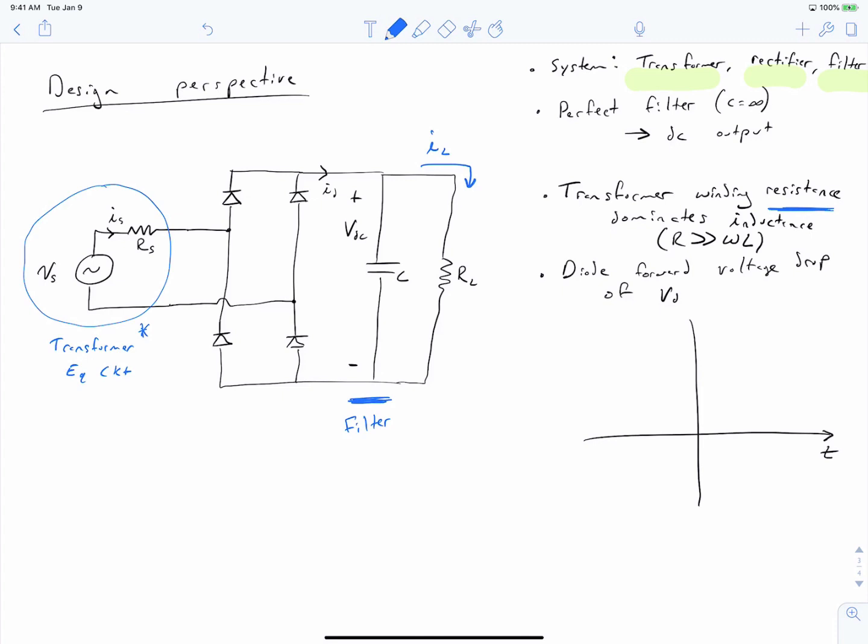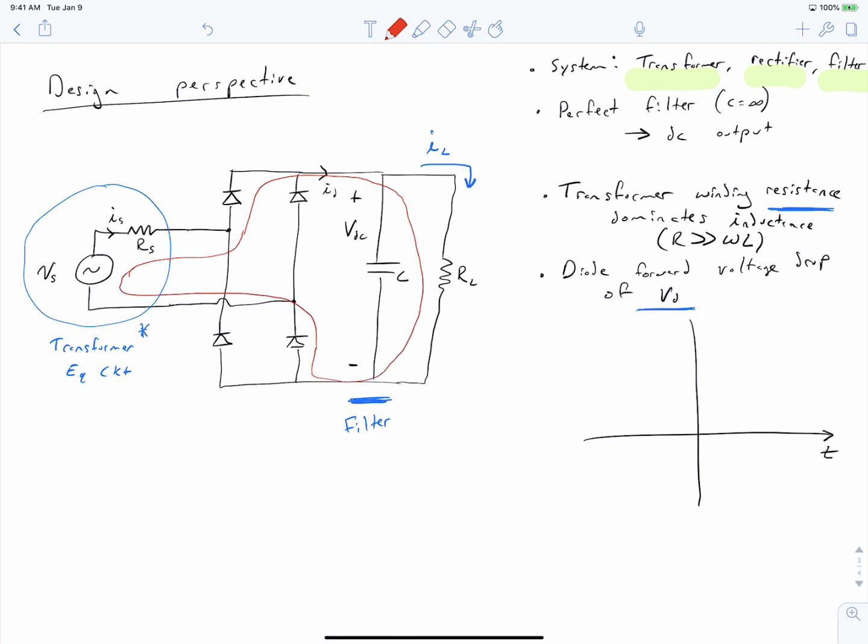Finally, in this example, we're going to consider the diodes to have a forward voltage drop of VD when they are conducting. So building off our discussion from last time, when Vs is greater than the output voltage, we are going to have a conduction path like this.